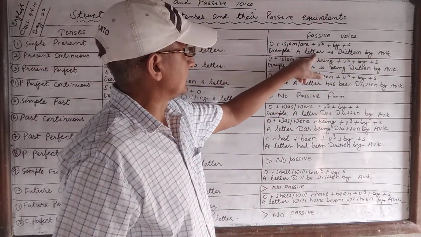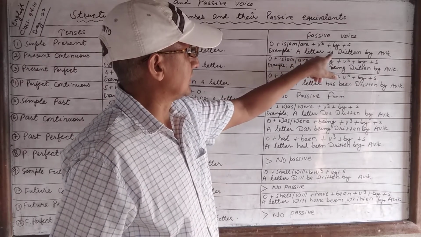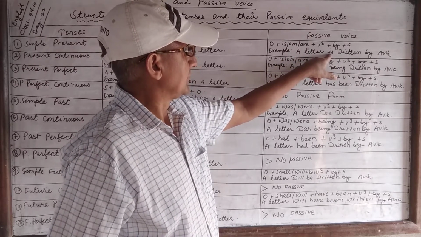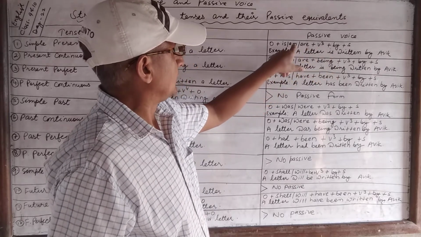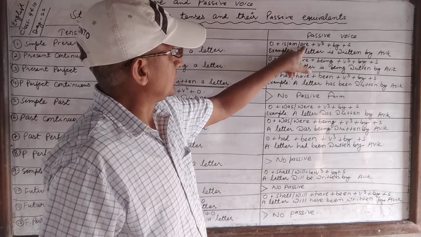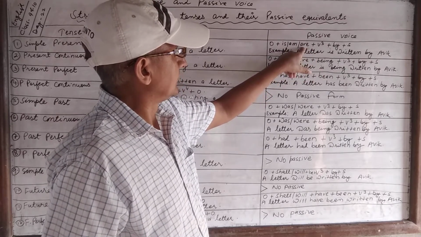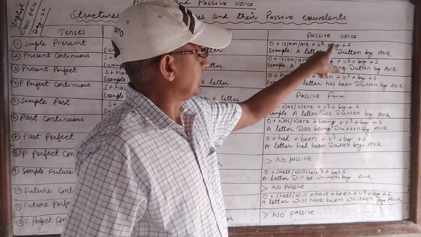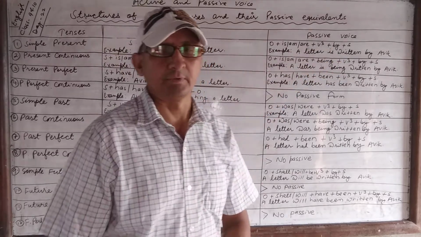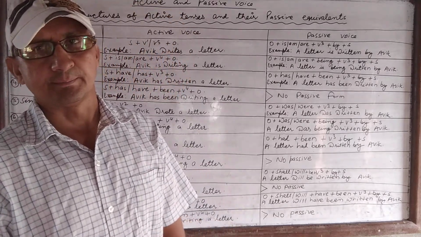A letter is the singular subject. With singular subject, we use is. With I, we use am. And with plural subject, we use are. And there is always the past participle form of the verb in passive voice.